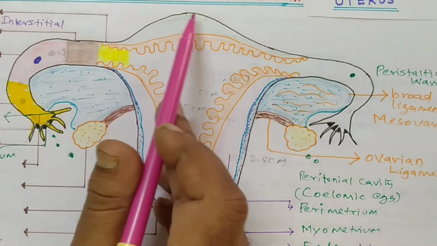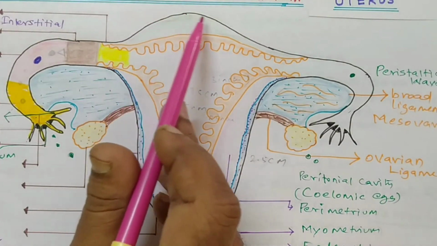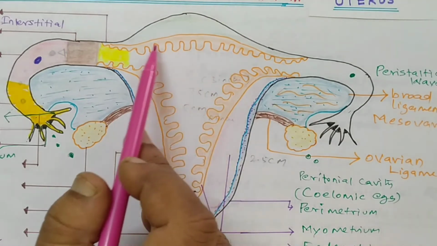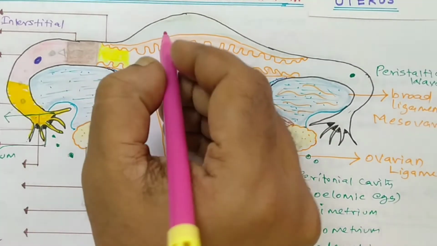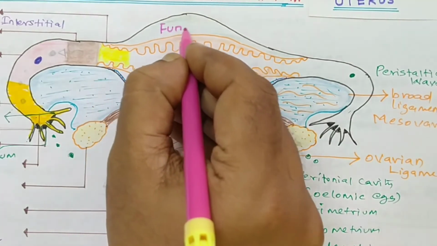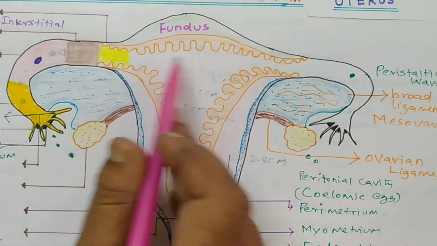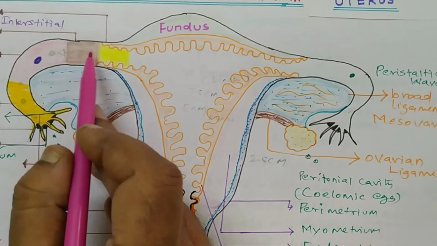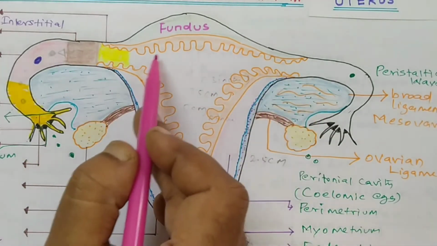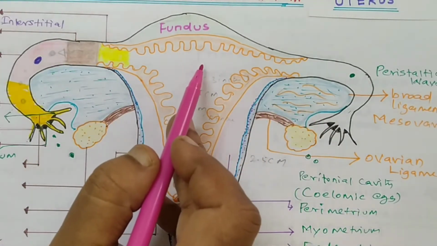The uppermost part, which is a very round structure with a thick wall, is termed the fundus.